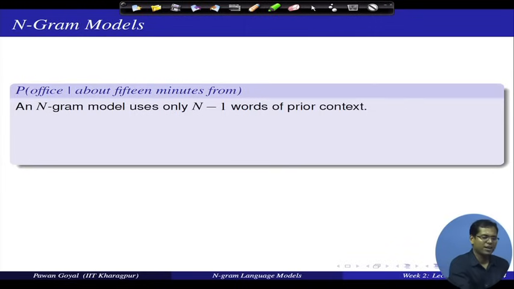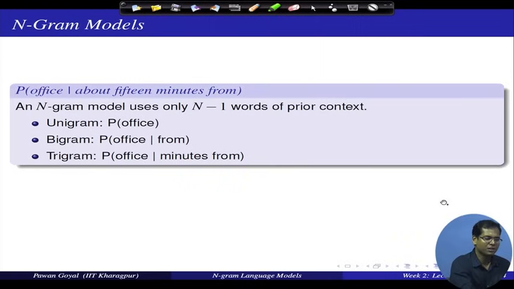If I am not using any word from the context, 0 words, this is a unigram language model, and it's equal to 1. If I am using 1 word from the context, then it's a bigram language model, and it's equal to 2. If I am taking two words from the context, it is a trigram language model, and it's equal to 3.